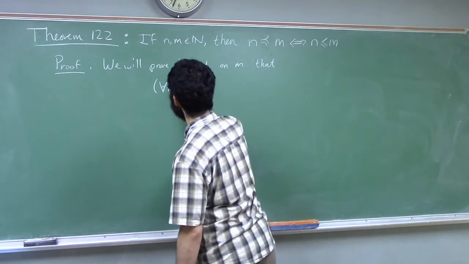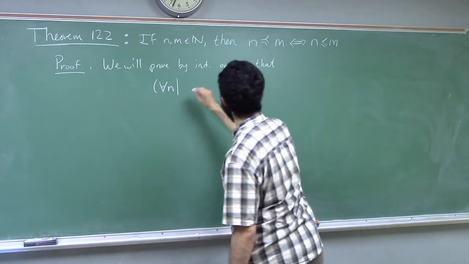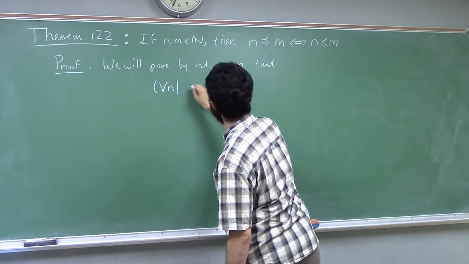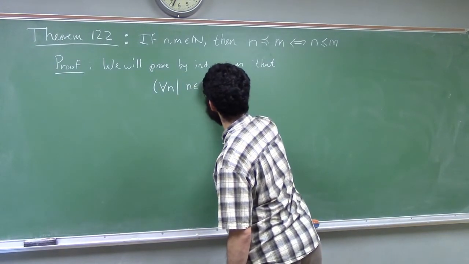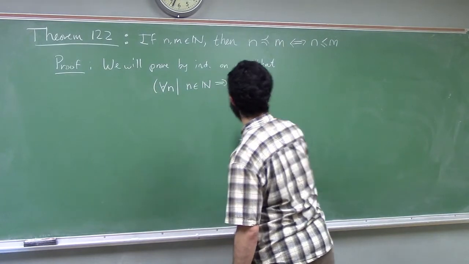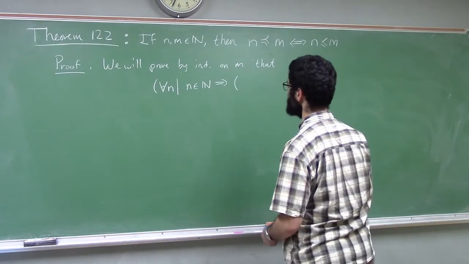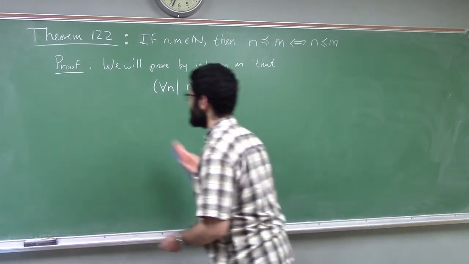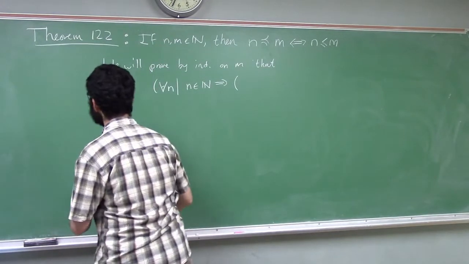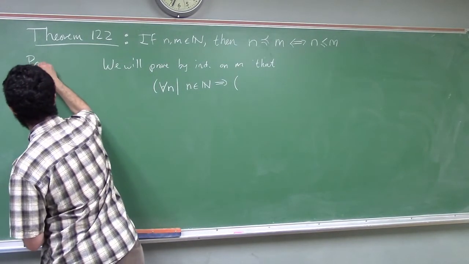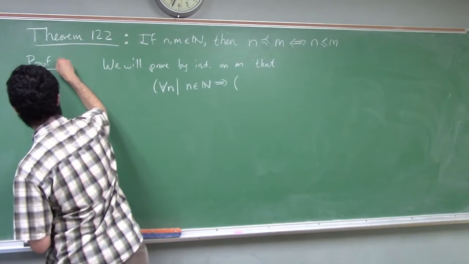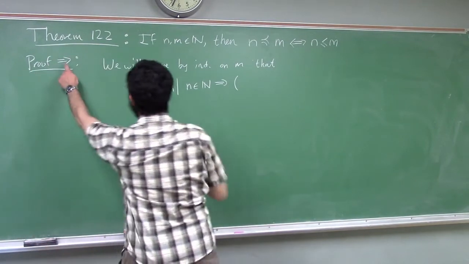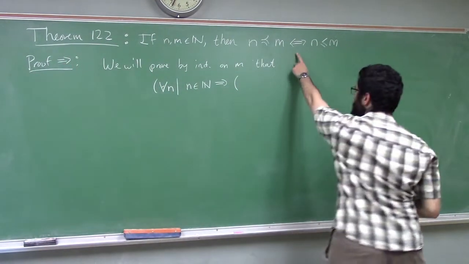So we'll prove that for all n, if n is a natural number, then the implication that I want works. So the remaining direction of the proof that we have to do is this implication in this double arrow here.